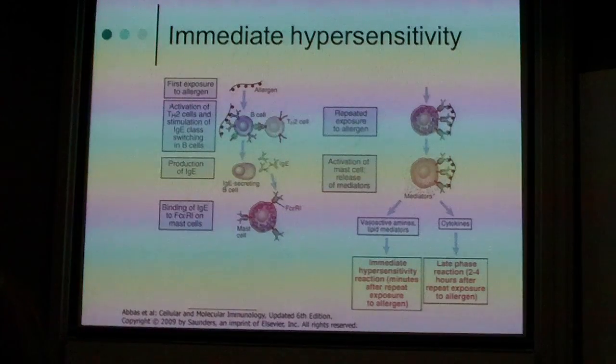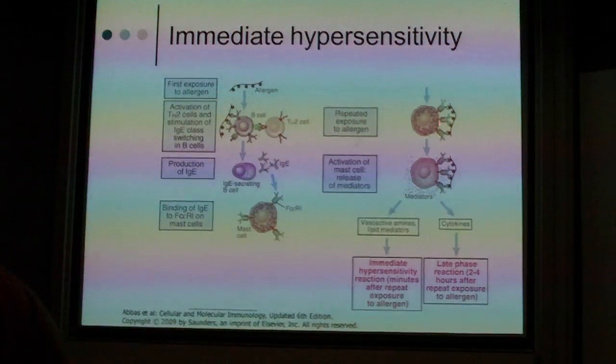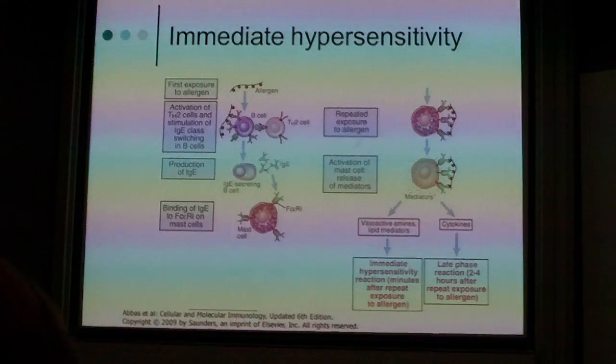Of course, you have your mast cells, which have the IgEs against the allergen on top of the membrane, and now the allergen can bind to the specific IgE, which is bound to the Fc epsilon receptor. That binding leads to triggering and signaling by which the mast cell releases its granules with the content, the mediators like vasoactive amines such as histamine, lipid mediators, and also cytokines.